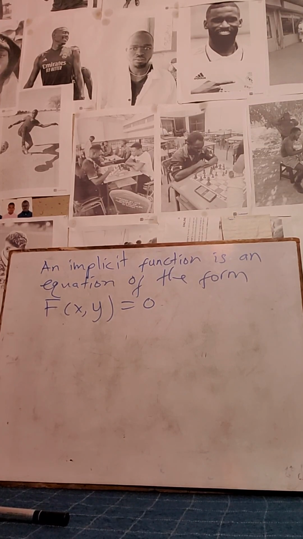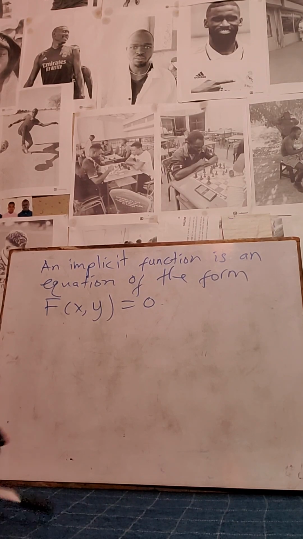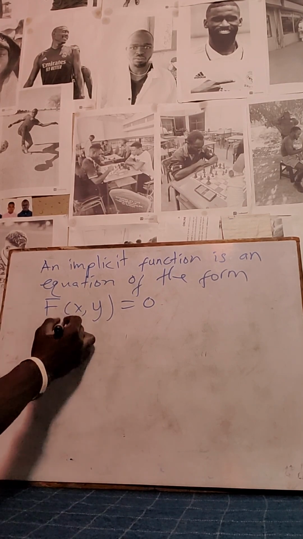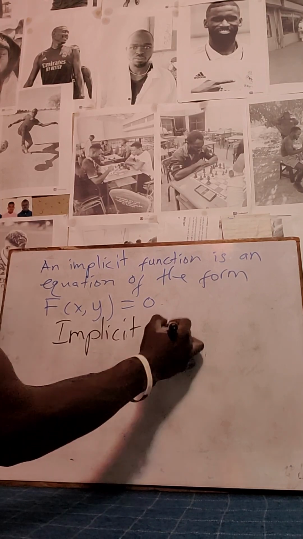This happens when it is difficult to make one variable the subject, or to isolate one variable. Then from there we'll go to what we are calling implicit differentiation.